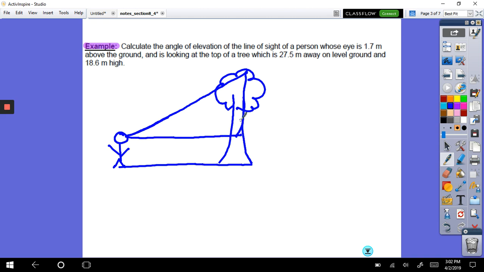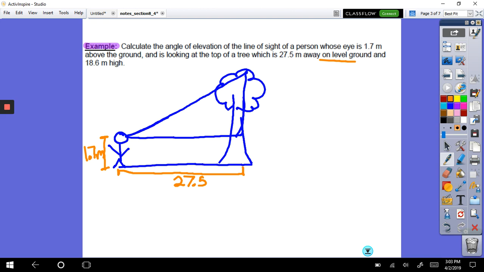Now the person's eye, this distance up to the eye is 1.7 meters. And it says the tree is 27.5 meters away on level ground. So that means this distance from here to there, 27.5.